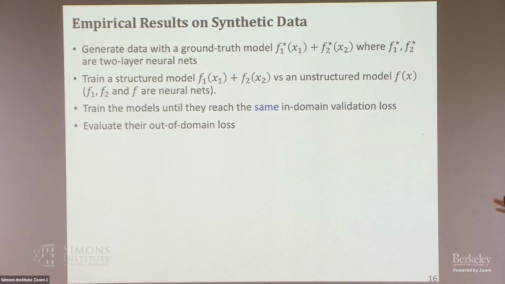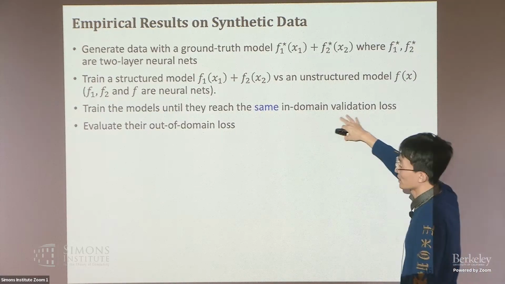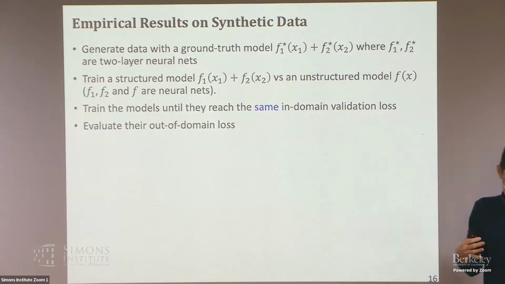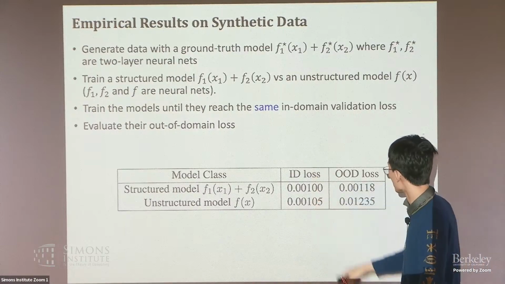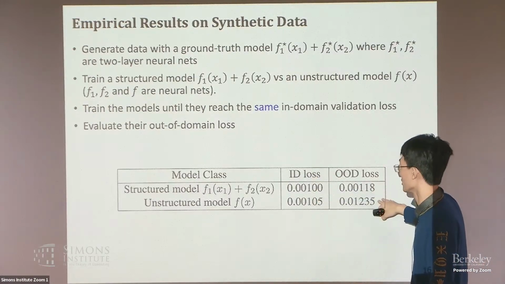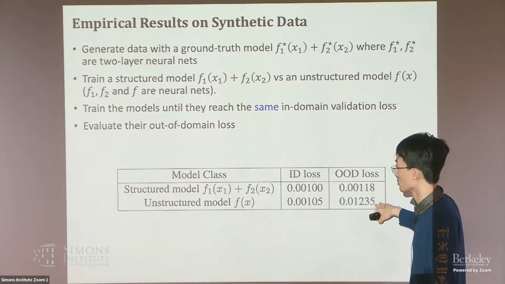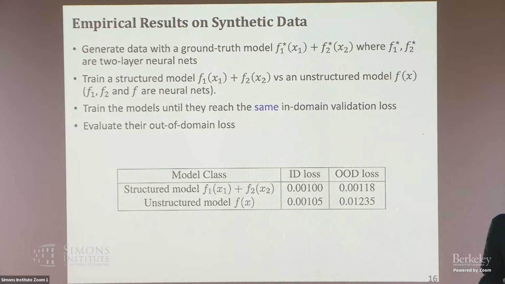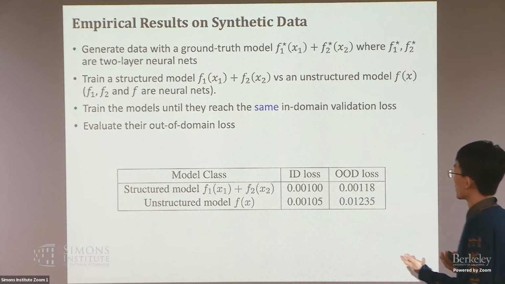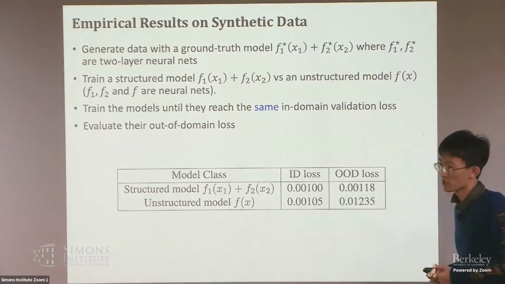And you train the two models to reach the same in-domain validation loss. So basically the loss on P is exactly the same, and you test whether the loss on Q is the same. And what we have seen is that when the in-domain loss is very similar, the OOD loss could be much higher if you don't restrict the function class. So this seems to suggest that indeed restricting the function class could possibly give you better extrapolation power.